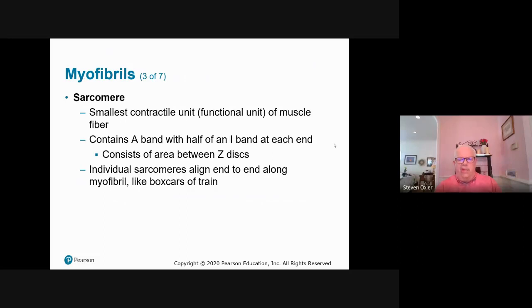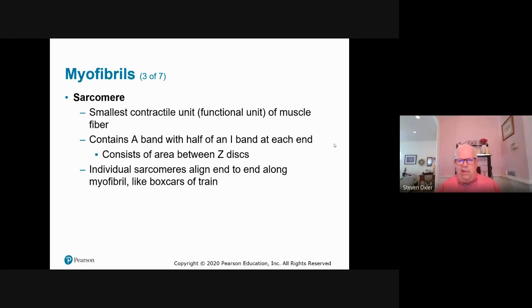The sarcomere, this should be also in bold. It is the functional unit of the muscle fiber. It contains an A band with half an I band at each end. It really is the distance between two Z discs.